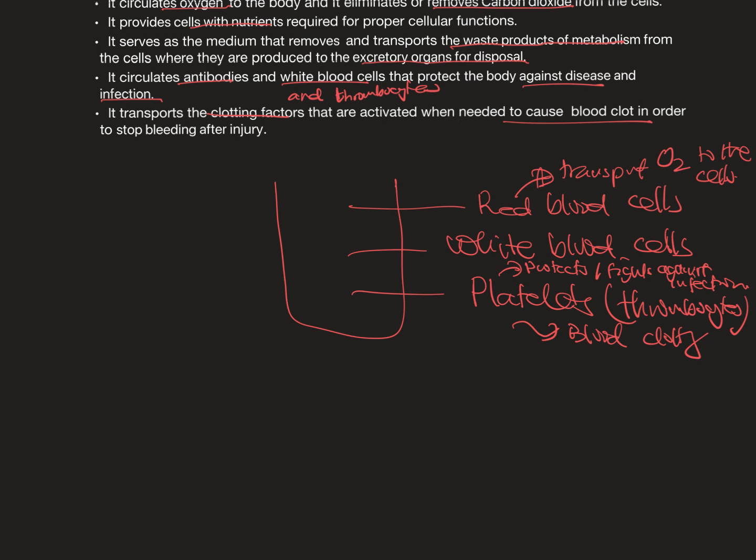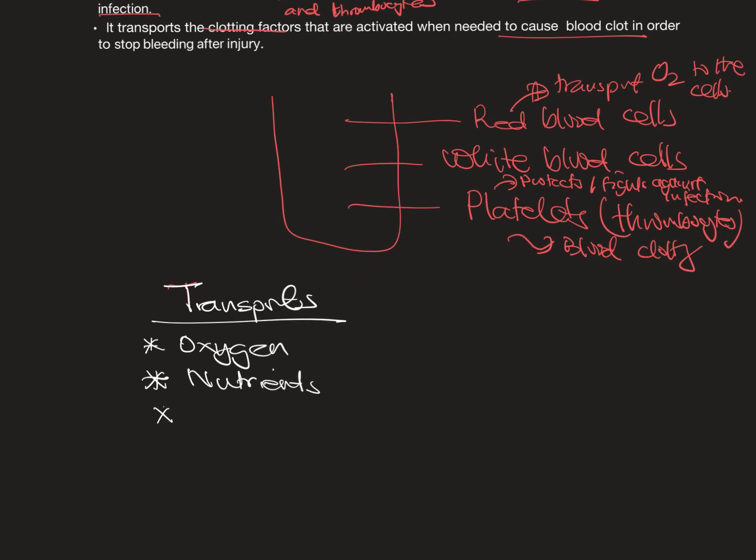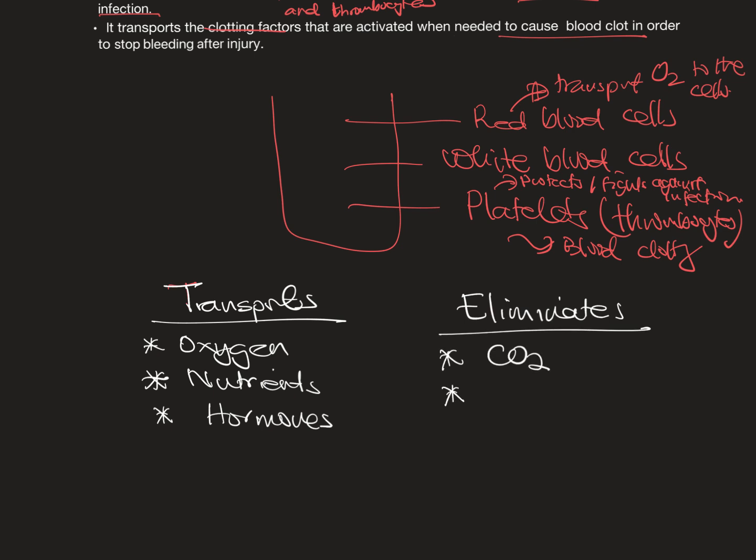To summarize, we say that the circulatory system transports oxygen, nutrients, and hormones to the cells, and eliminates carbon dioxide and metabolic waste products.